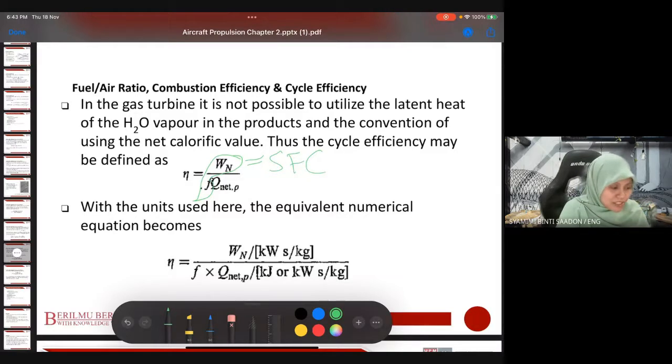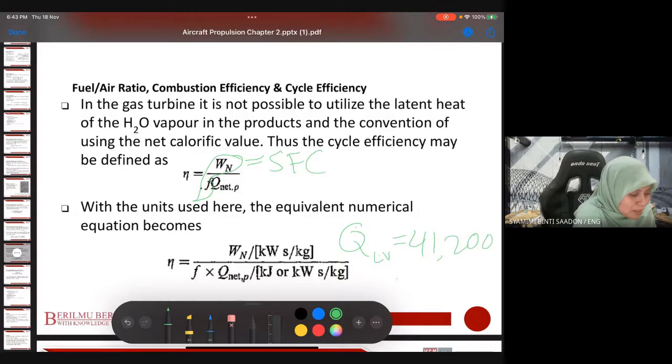Usually it is a constant value given. Normally it is around 41,000 kilojoule per kilogram for the fuel that we use. This Q we call the heating value, some notation like that. Sometimes it's around 41,000 kilojoule per kilogram or 42,000 kilojoule per kilogram.